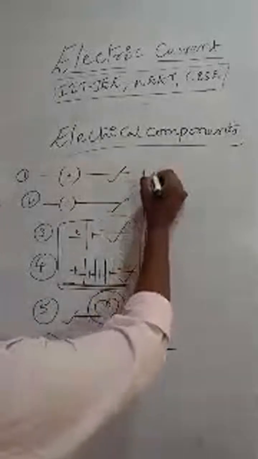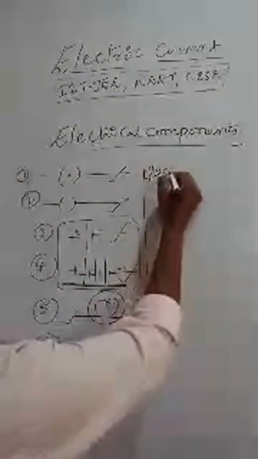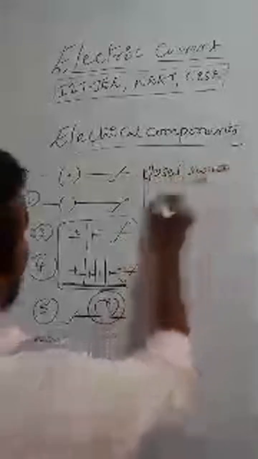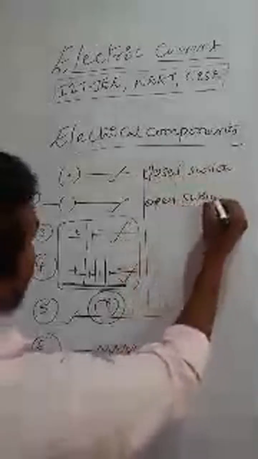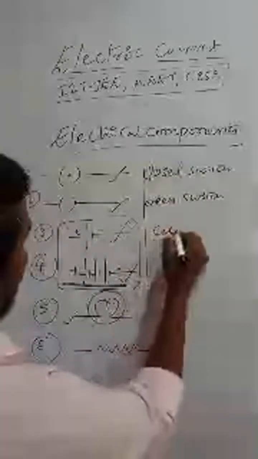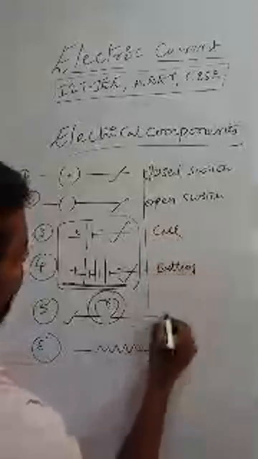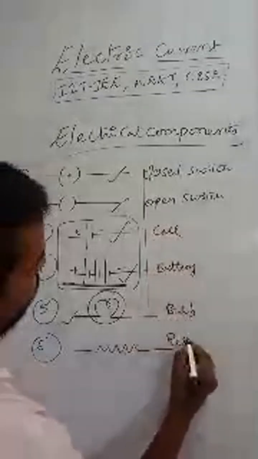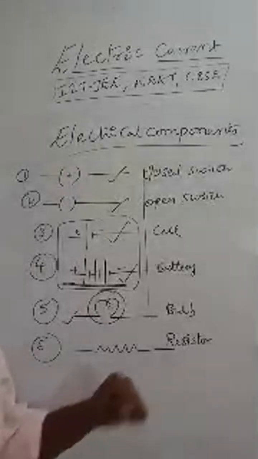So this one is the closed switch, this is the open switch, this is the cell, this is the battery, this is the bulb and this is the resistor. Clear? You got it?